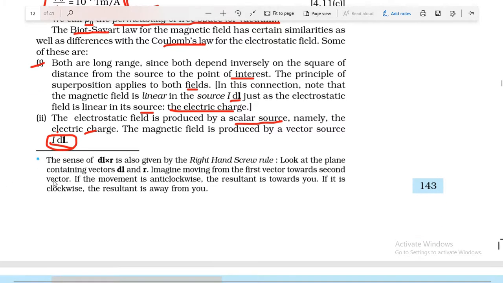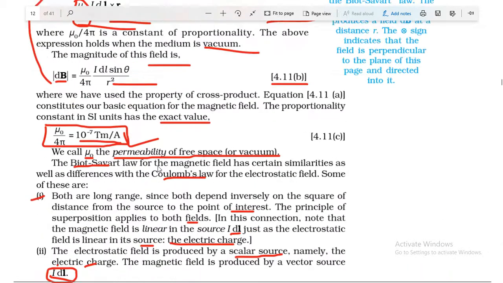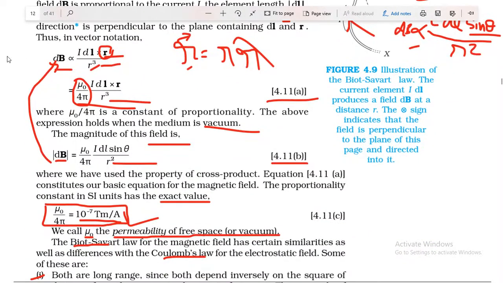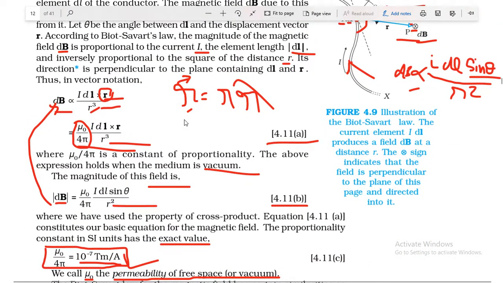The sense of dl cross r is also given by the right hand screw rule. Look at the plane containing vectors dl and r. Imagine moving from the first vector toward the second vector. If the movement is anti-clockwise, the resultant is towards you, and if it is clockwise, the resultant is away from you. You can also find this by the vector law.